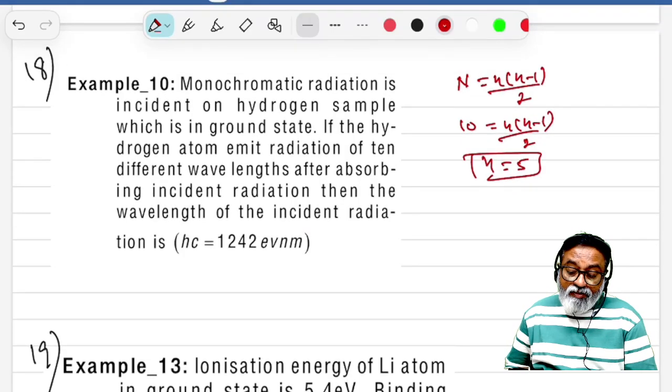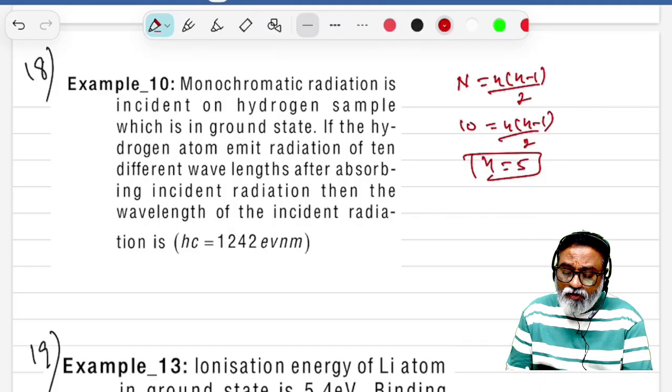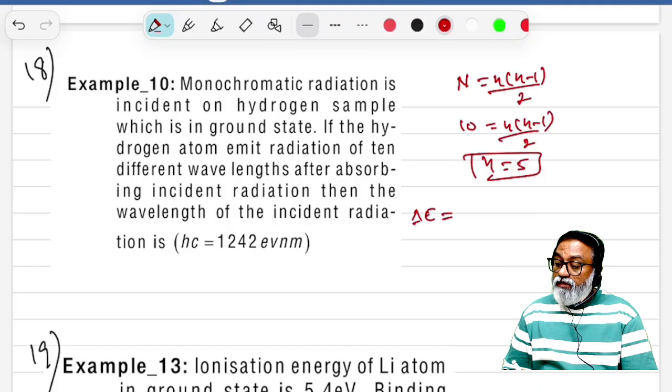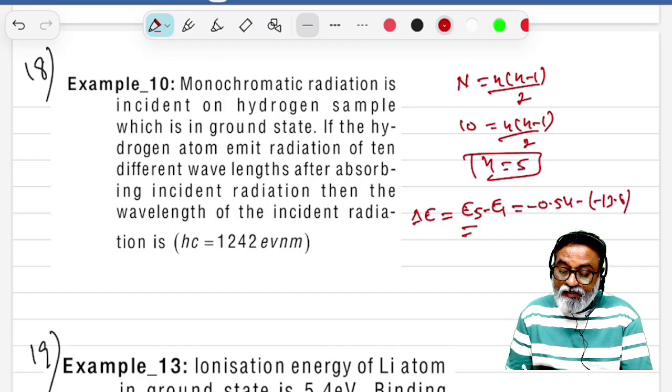First, we have to find out delta E. That delta E is equal to E5 minus E1. E5, fifth energy level, is minus 0.54, minus of minus 13.6.